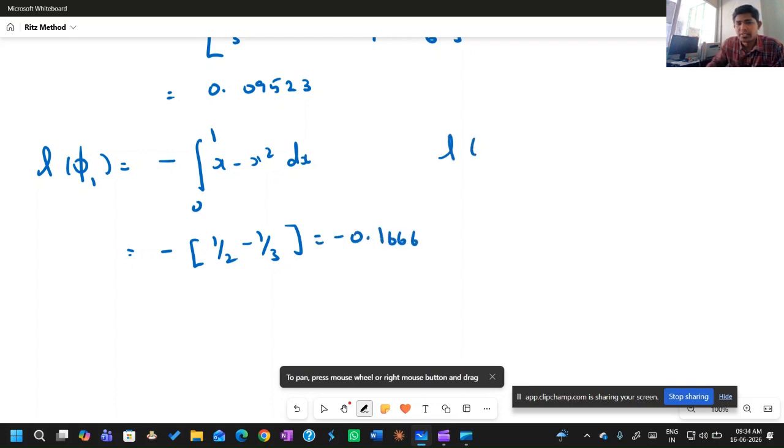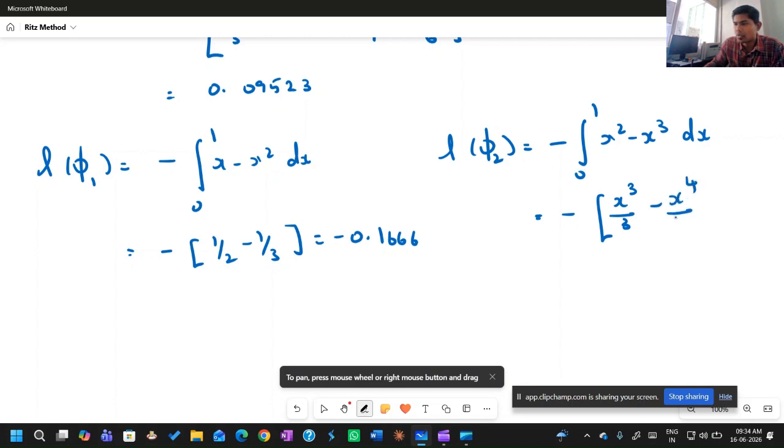And similarly, the linear function of pi2 is equal to minus the integral from 0 to 1 of x square minus x cube dx, that is equal to minus x cube by 3 minus x power 4 by 4, from 0 to 1, that is equal to minus 0.08333.